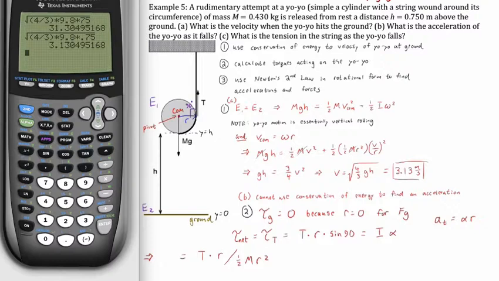We'll just call it a, our translational acceleration. So then a is going to be T r squared over 1/2 m r squared. So then we see that our radiuses cancel.